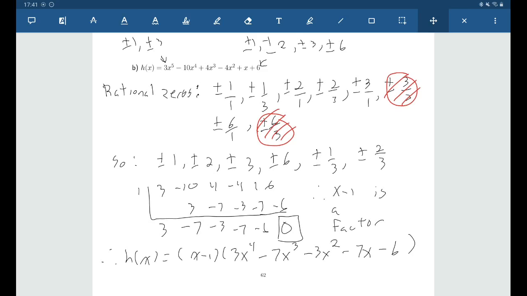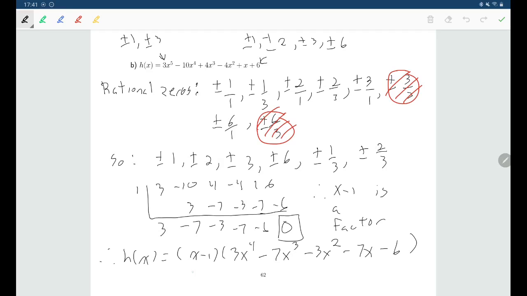And so what we will do next is check to see. Now, one thing that we might want to mention here is just because we found that x minus 1 was a zero, x minus 1 was a factor, doesn't mean that it can't be a repeated factor. So we found that 1 was a zero of our given polynomial, but 1 might also still be a zero of what's left over.